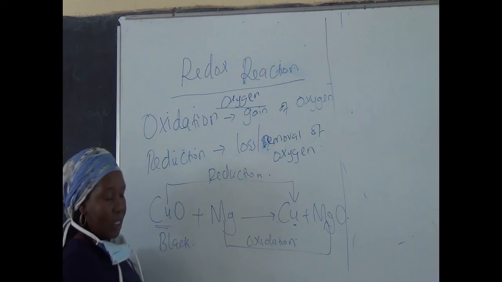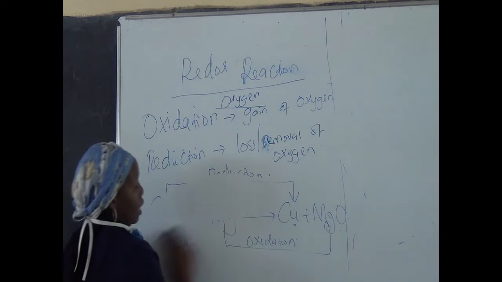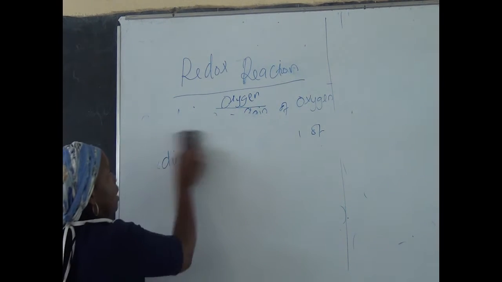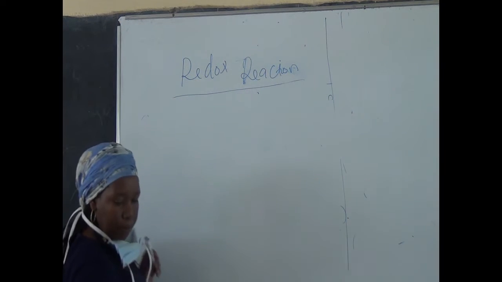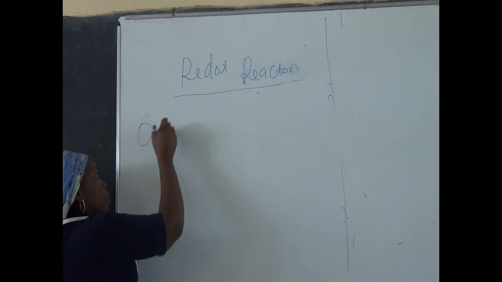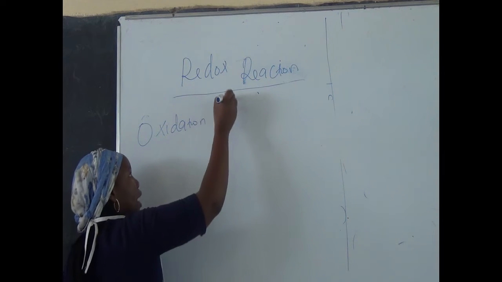So what is oxidation and reduction in terms of electrons?